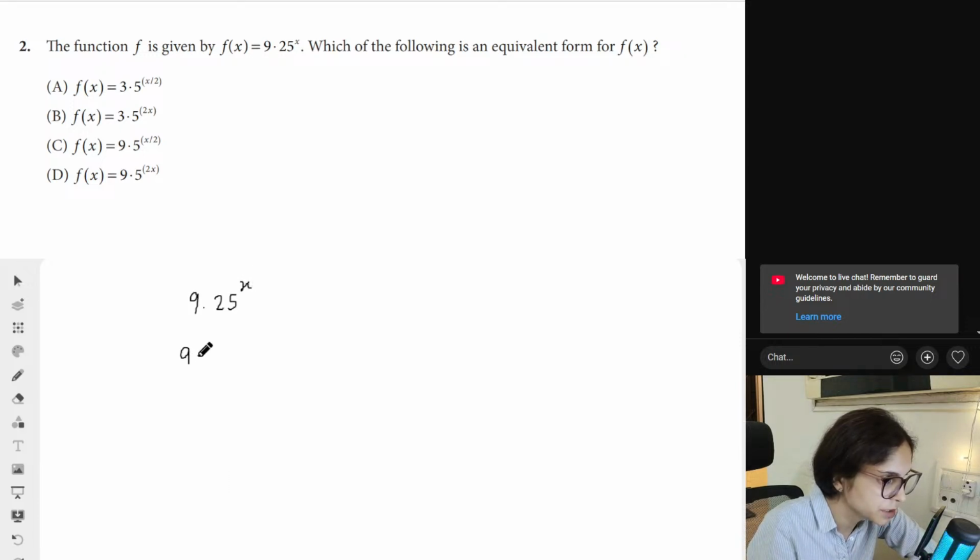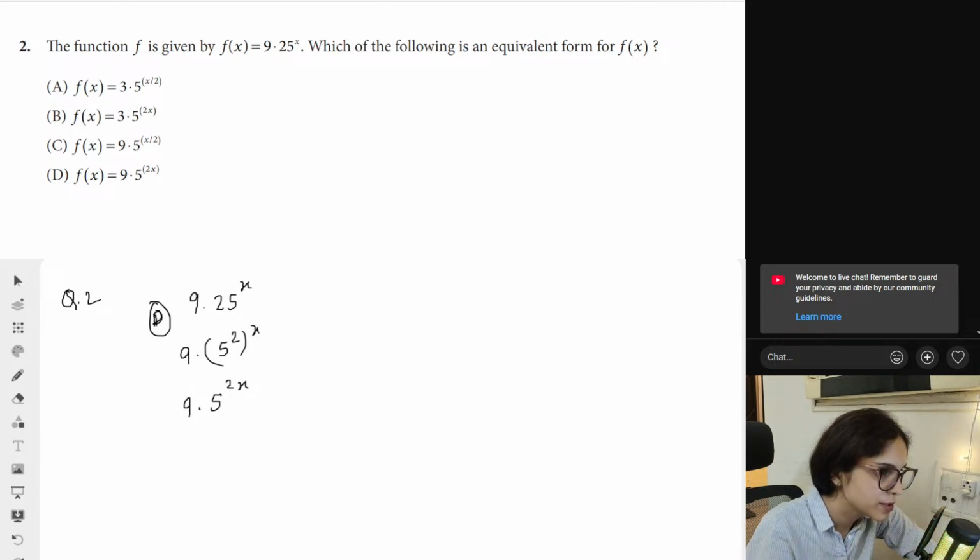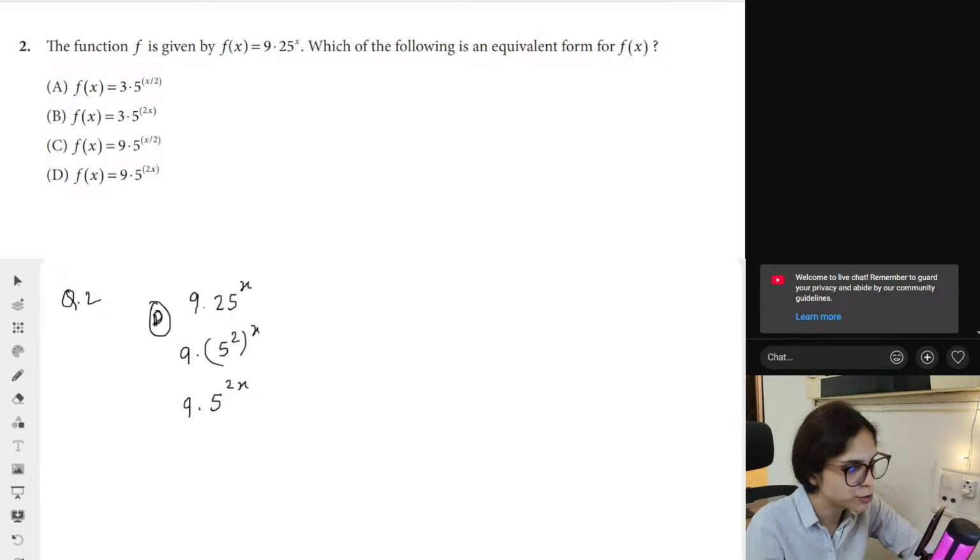The base has been turned to 5. So 25 is 5 squared, so it will be 5 squared to the power x. That is 9 times 5 to the power 2x. And that is option D. So question number 2 has an answer of option D.